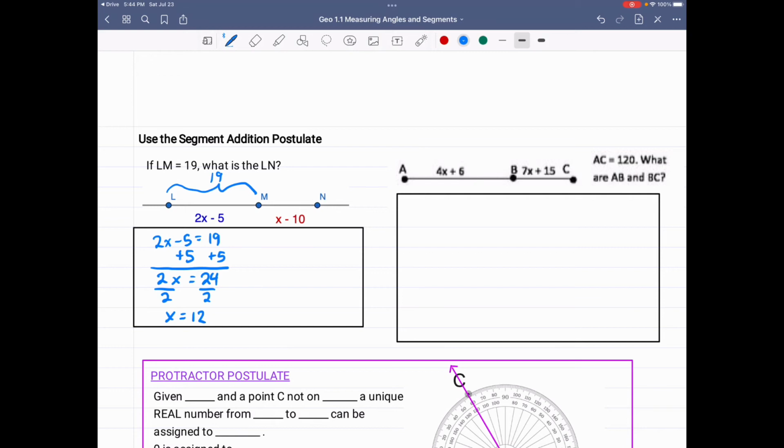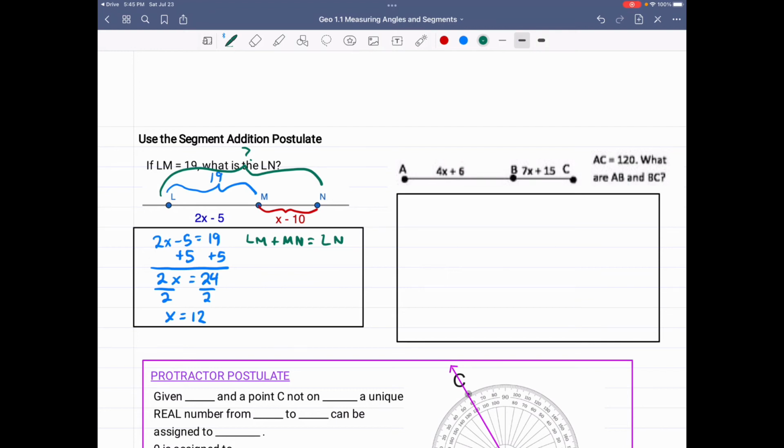Are we done? No. They asked us to find L to N. So we're trying to figure out this whole segment. What is that equal to? And so we can say that LM plus MN, that's this piece in the red, is equal to the whole line, LN, because that's what we're trying to figure out.